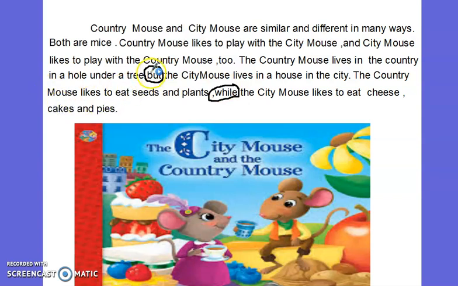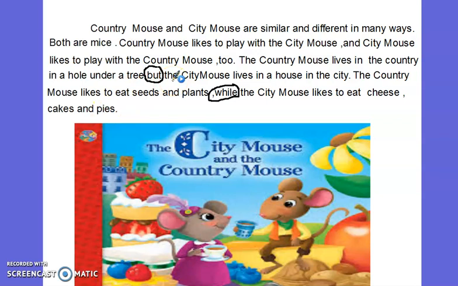So, we use the word but here to show the differences between the country mouse and the city mouse. In the second sentence, the country mouse likes to eat seeds and plants, while the city mouse likes to eat cheese, cakes, and pies.